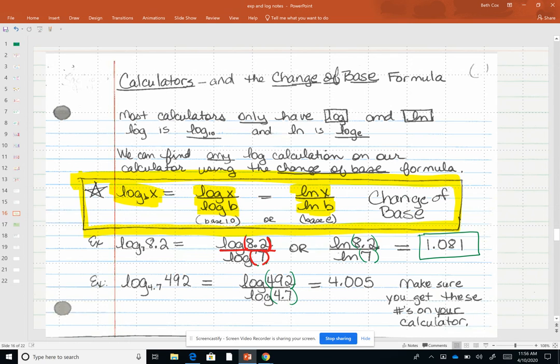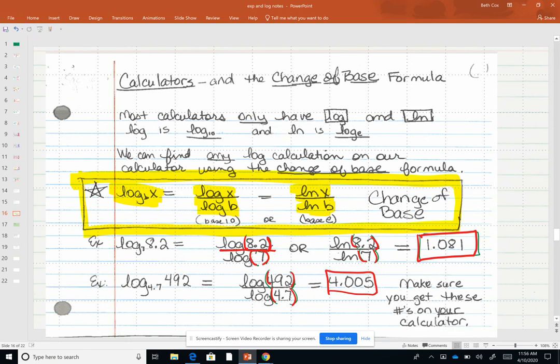If not, you can use a little slash mark. But you should all have the ability to get this decimal for doing log base 7 of 8.2. All right? And same with the other one. Just again, use your calculator, stop the video, and see if you can get the designated decimals here on this page.